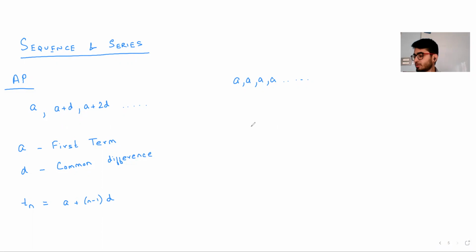The first term, T1, is equal to a, T2 is equal to a plus d. So T1 can also be written as a plus 1 minus 1 into d, T2 as a plus 2 minus 1 into d. Similarly, Tn would be a plus n minus 1 into d. This is the nth term of the series.